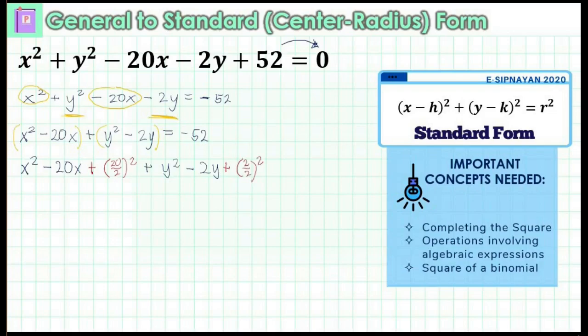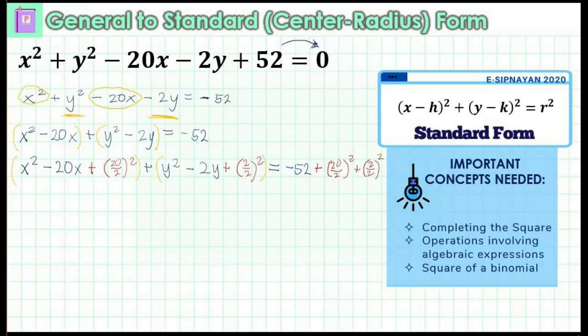And again, whatever we add to the left side of the equation, we also add to the right side. So that will become equals negative 52 plus the first term we added is 20 over 2 squared. And then another term we added is 2 over 2 squared. And again, do not forget to group the terms having the same variables, the x's and the y's.